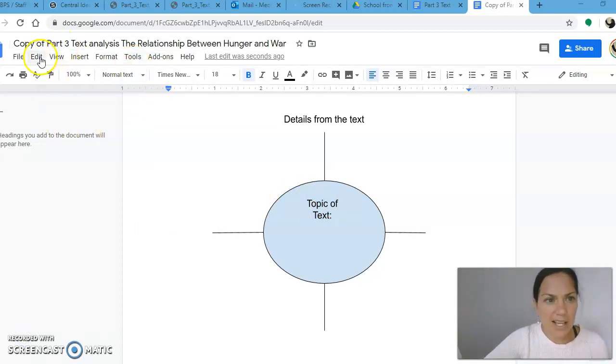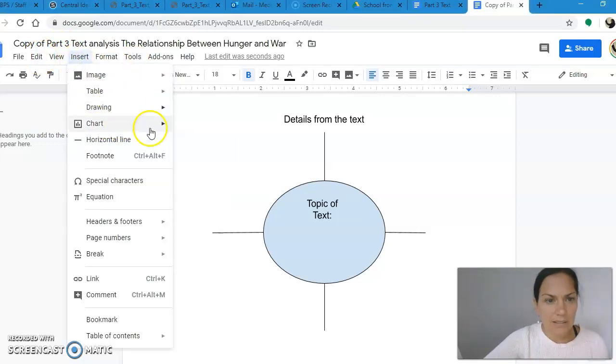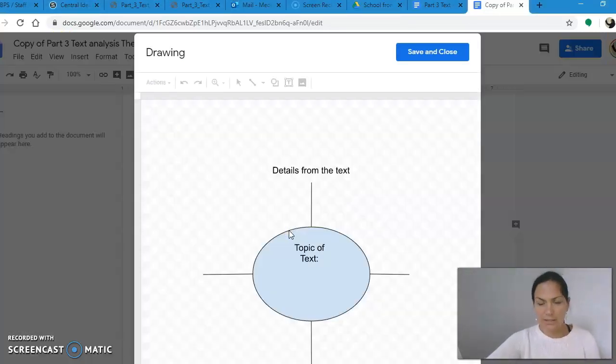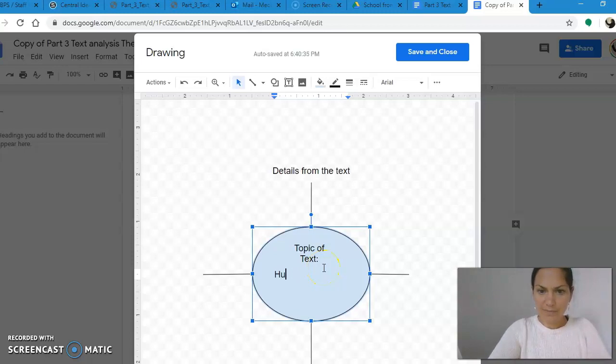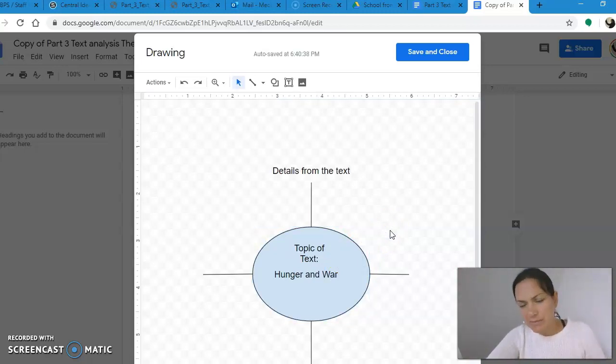So we know that the topic in this case is the title. And so I'm going to write here, Hunger and War. Now I'm going to add to that, but first I'm going to look for details from the text that are going to support my idea about what the author is saying about hunger and war.